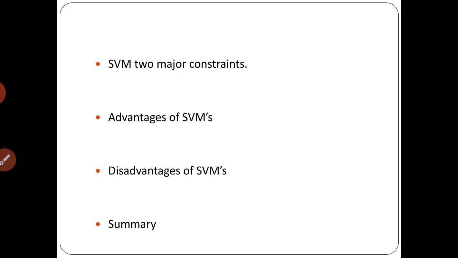The second disadvantage is that it does not perform very well when data sets have a lot of noise, so automatically the target classes overlap both data sets on the left side as well as the right side. And the last disadvantage is that it does not directly provide probability estimates.